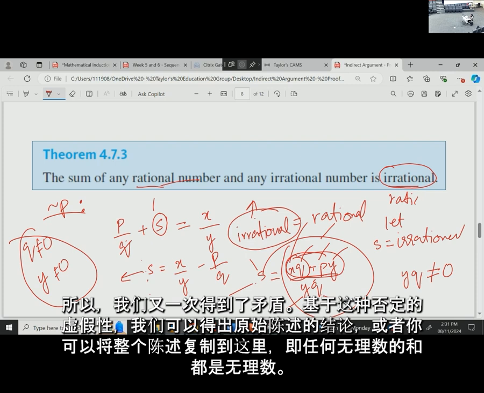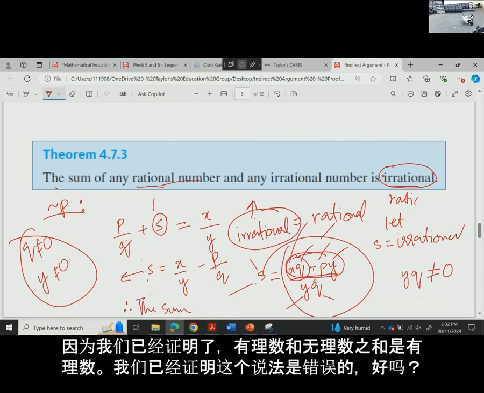So again we have a contradiction, and based on this falsity of the negation, we can conclude that the original statement is true. You can copy the whole statement over here: the sum of a rational and any irrational number is irrational. Because what we have proved is that the statement that the sum of a rational and irrational number is rational is false.